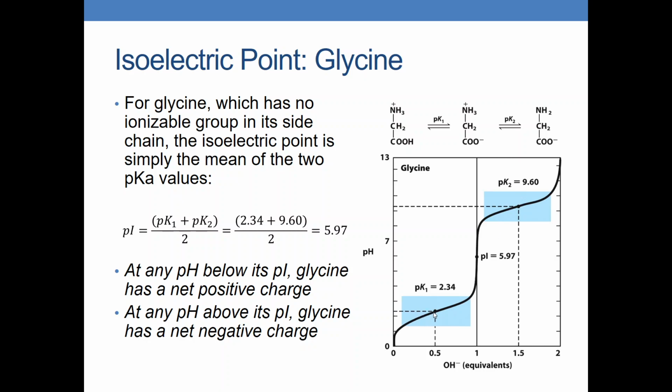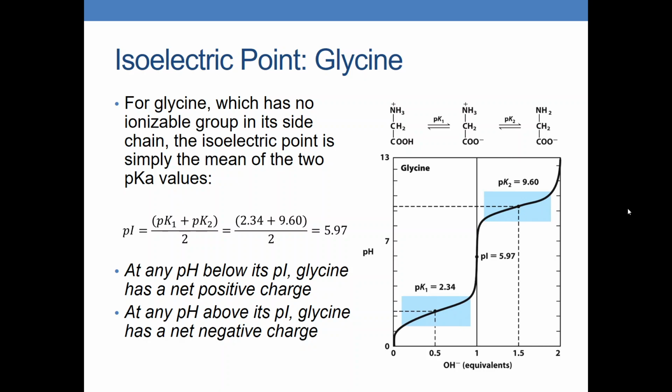So if at pH 2.34, my overall net electrical charge for my solution is positive 0.5, and at pH equals 9.6, my overall electrical charge for my solution is minus 0.5, the average gives me the midpoint in between those two numbers, and also gives me a condition where my net charge is 0 overwhelmingly, because I have found the condition that is most likely to give me the solution that has a 0, a neutral electrical charge.